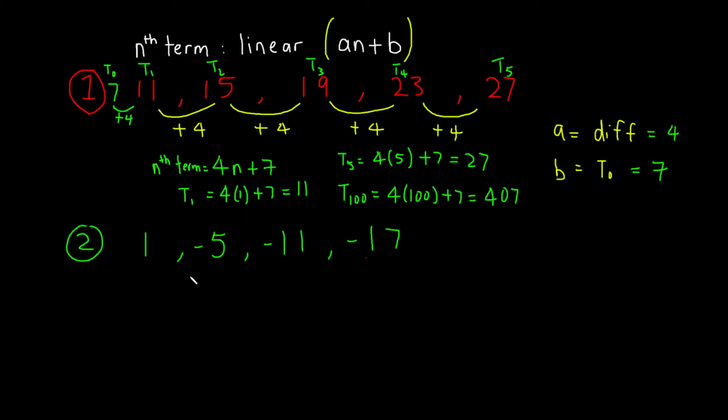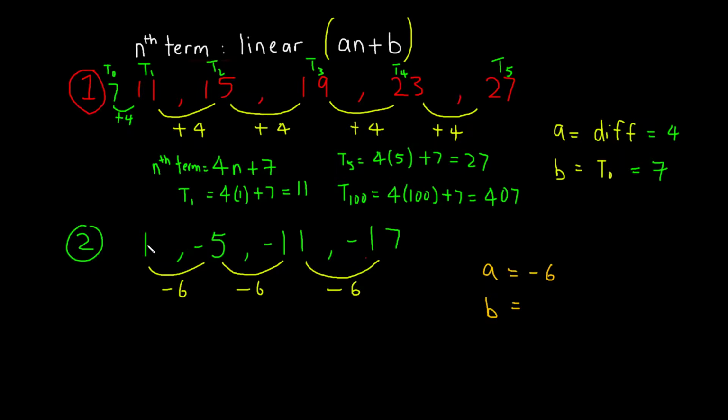Now, let's look at another example over here. 1, negative 5, negative 11, negative 17. As you can see, this is a descending order. 1 to negative 5 is minus 6, minus 6, then minus 6. So now for this question, a, the difference, is actually negative 6, and b is again term 0.